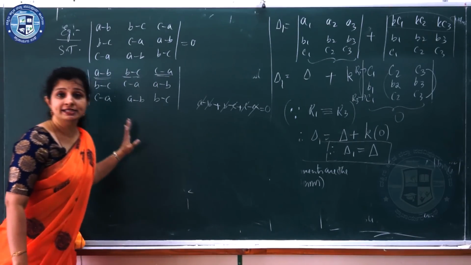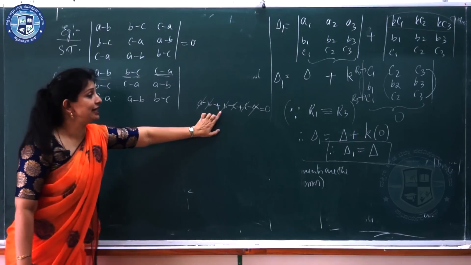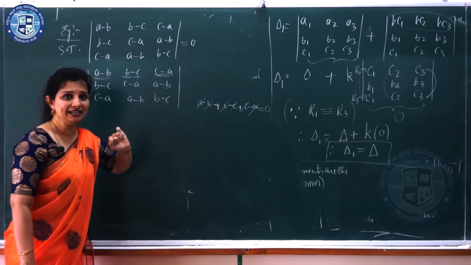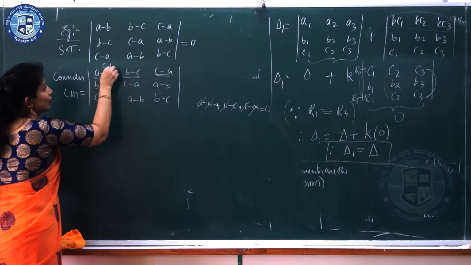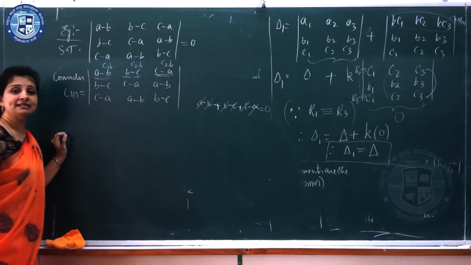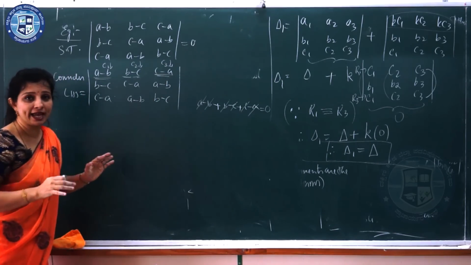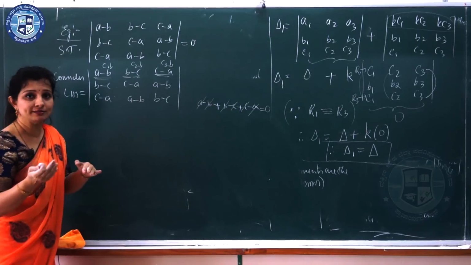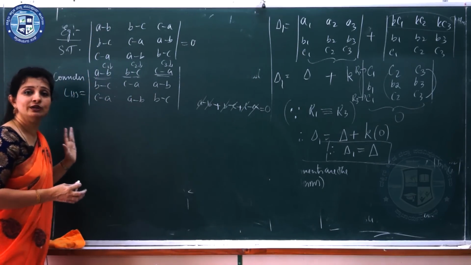It is easy to find the value of the determinant if we get maximum zeros, correct? Here we have column 1, column 2, column 3. Our sixth property states that it is possible to add or subtract the rows or columns, and the determinant value remains the same.